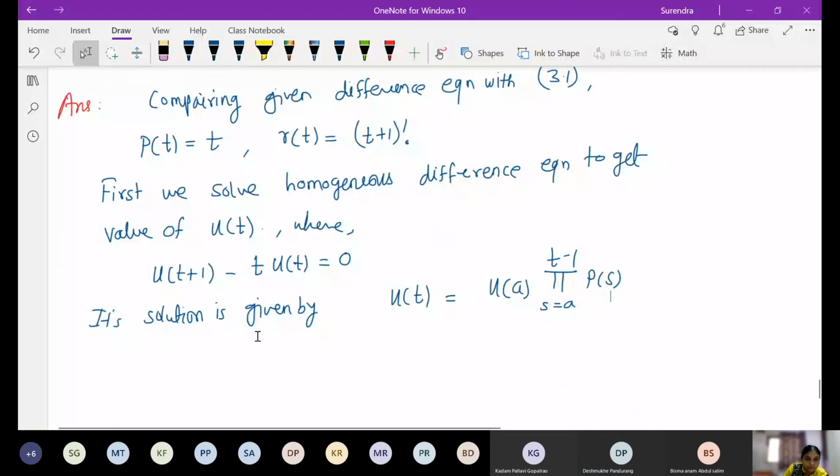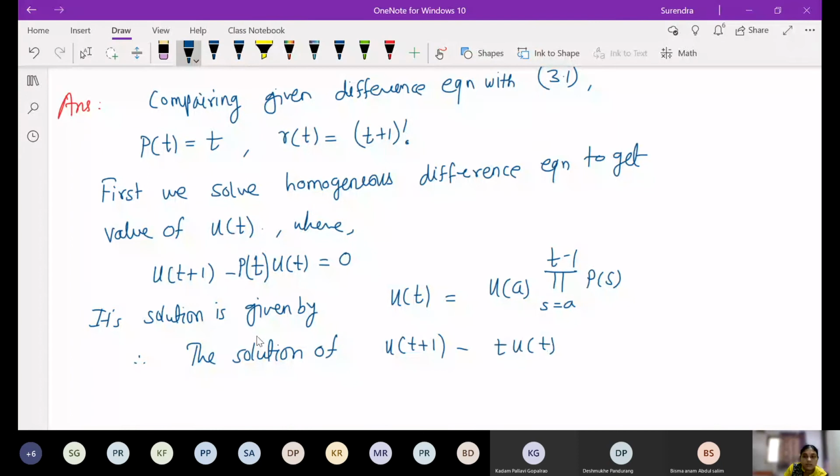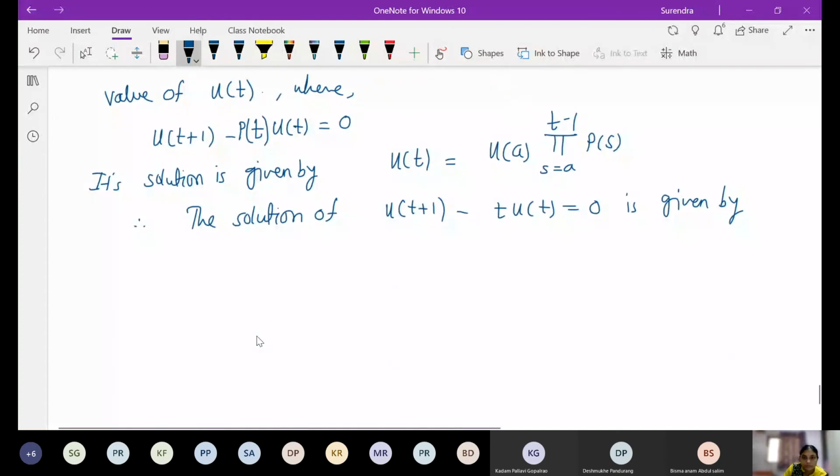I will write it, and its solution is given by this. Therefore, the solution of u at t plus 1 minus t times u_t equal to 0 is given by, okay, u_t equals u at a.